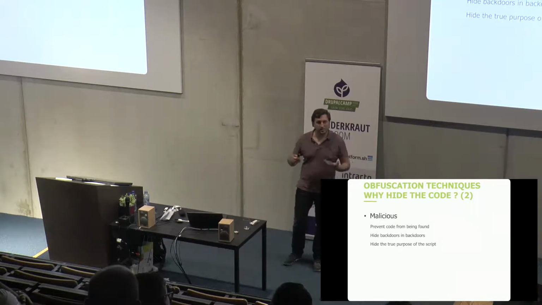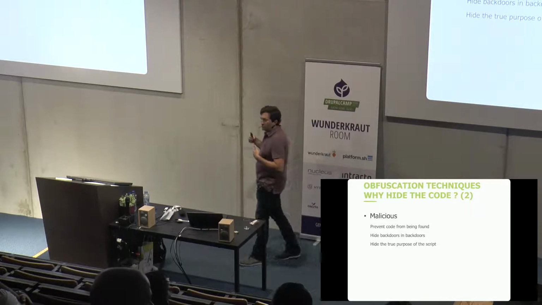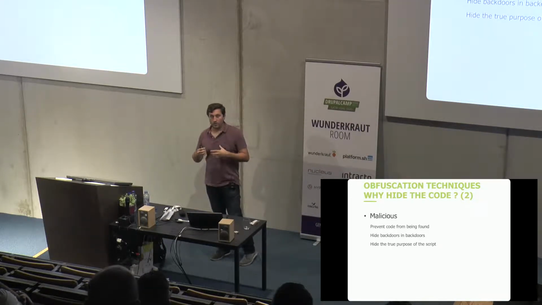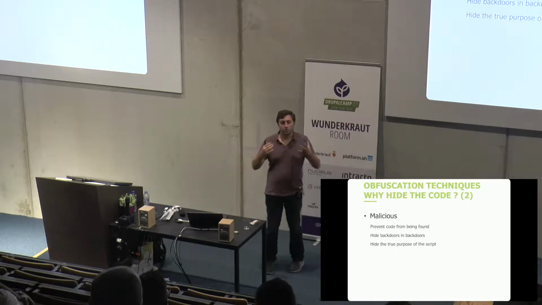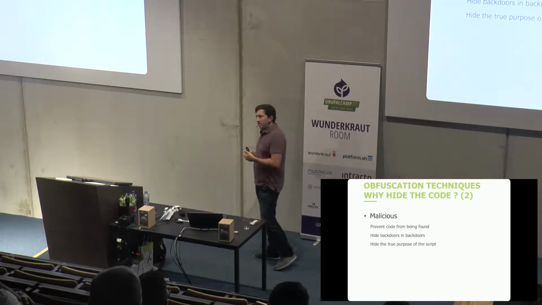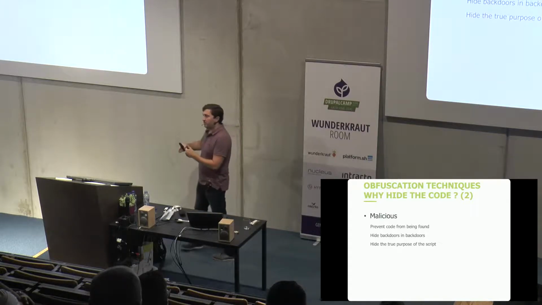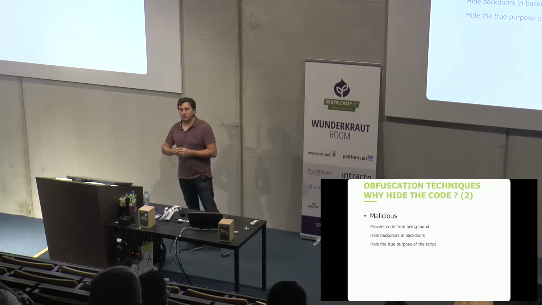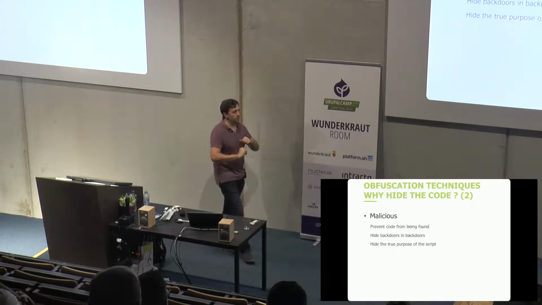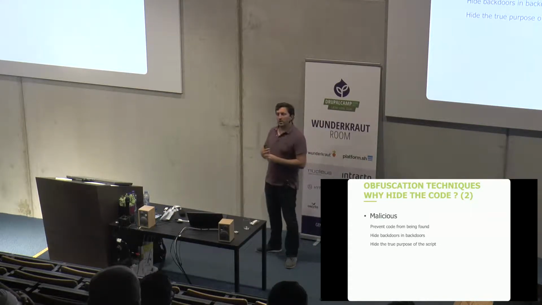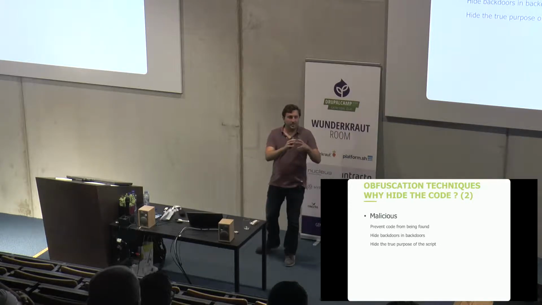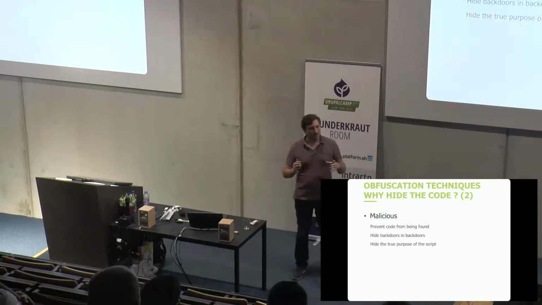Obviously, an attacker will do this for different reasons. They don't want their code to be found with simple regular expressions or greps or searches on the system. They'll also obfuscate their own code to hide backdoors inside of their backdoors. So if someone managed to upload a PHP file on your system, and say it's a shell, and we'll get back to that later, that shell might not be the only code that is actually on the system.